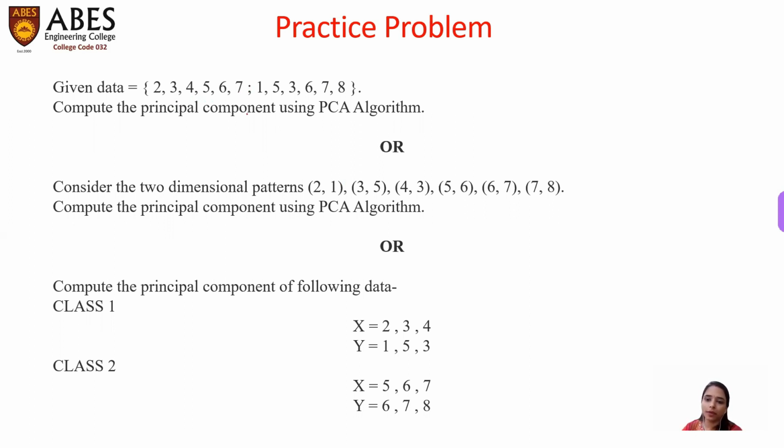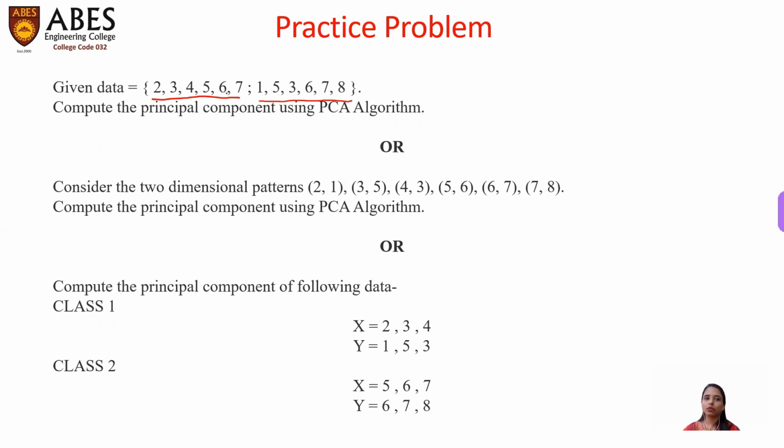Why have they used a semicolon here? Because they are trying to represent that these are the values of the x-axis and these are the values of the y-axis. With the help of the semicolon, they have separated the data of both axes. So 2, 3, 4, 5, 6, 7 are the x-axis values of the given data points, and 1, 5, 3, 6, 7, 8 are the y-axis values of the data points.